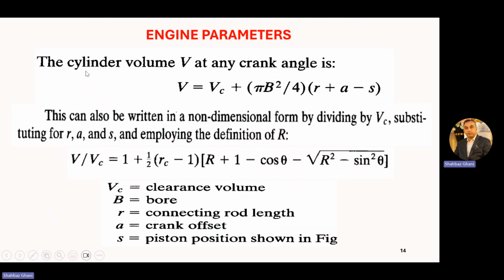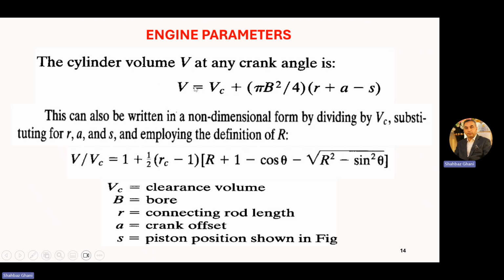Now, the cylinder volume V at any crank angle is V equal to VC plus the area into that distance. We want to find the volume at any crank angle theta. Theta may go from TDC to BDC, from 0 to 180 degrees.